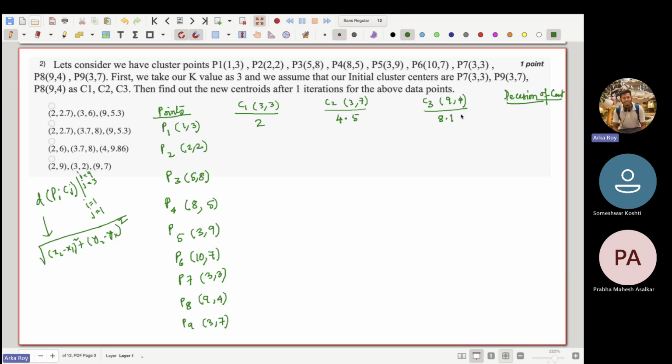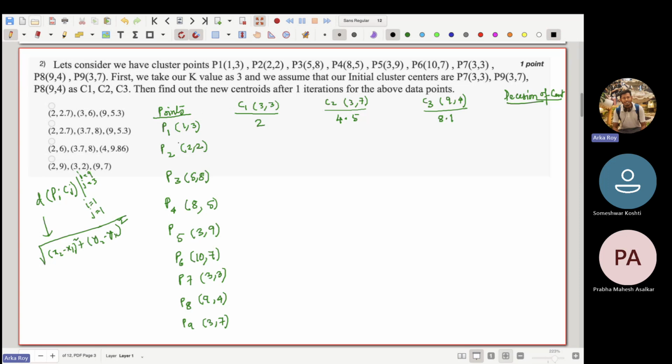Now we have to comment whether point 1 belongs to cluster 1, cluster 2, or cluster 3. We have the distance from point 1 to each of these clusters. Now, how can we decide? We check whichever calculated distance is minimum, and we can say P1 belongs to that particular cluster.